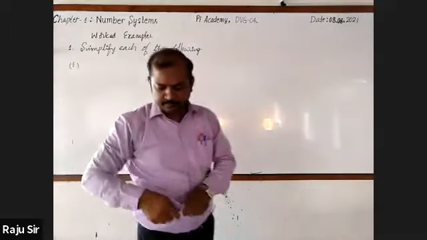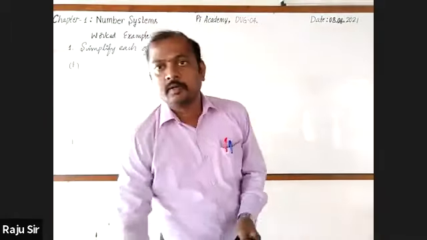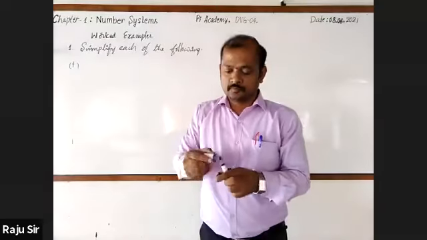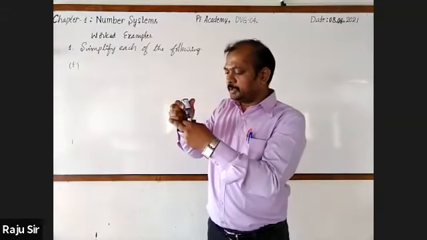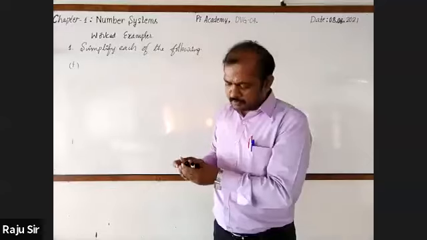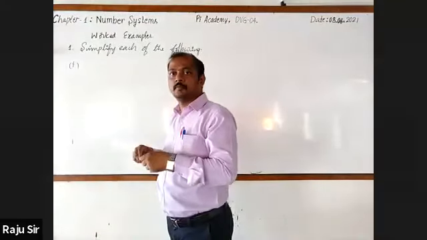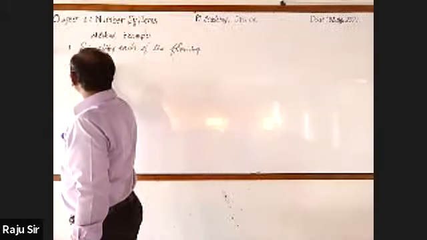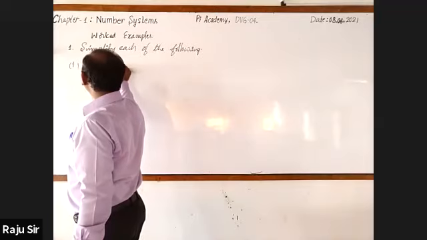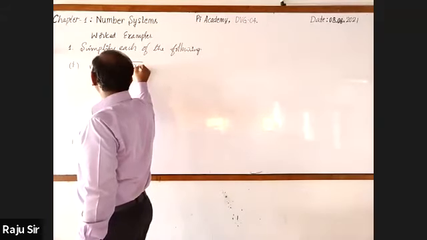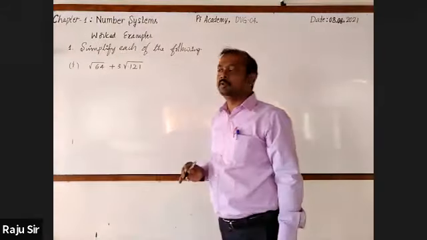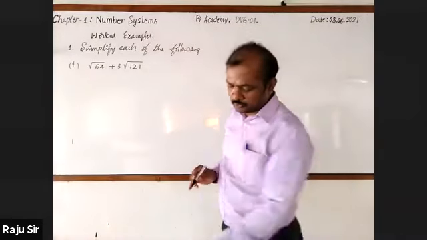In that, the first one. I have been giving you a very simple one. This is square root of 64 plus 3 into square root of 121.